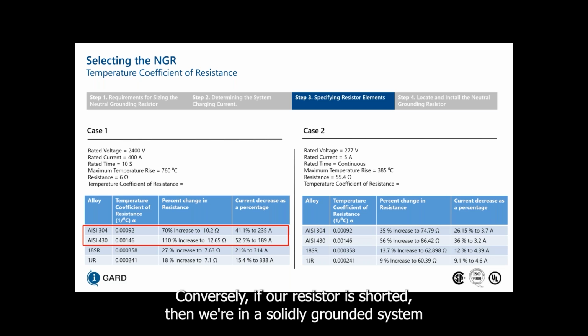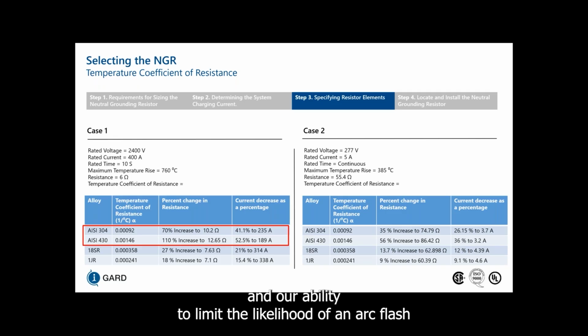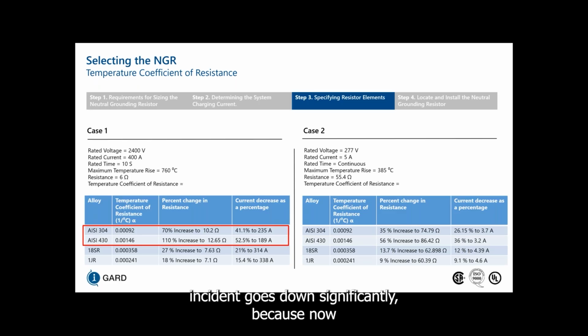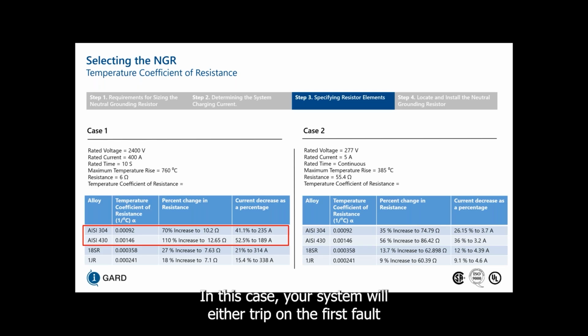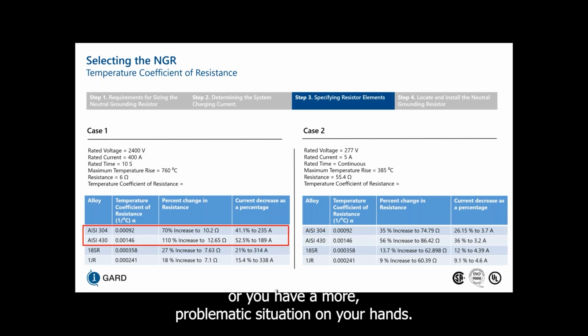Conversely, if our resistor is shorted, then we're in a solidly grounded system, and our ability to limit the likelihood of an arc flash incident goes down significantly because now the current is not being limited and it can go to thousands of amps. In this case, your system will either trip on the first fault or you have a more problematic situation on your hands.